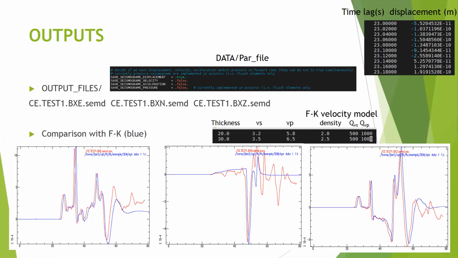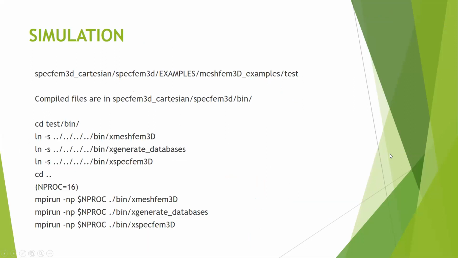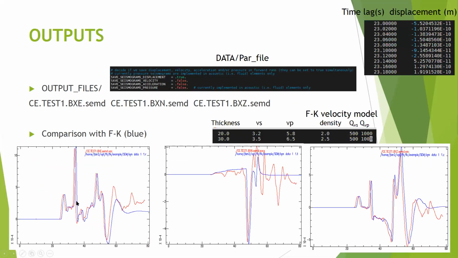As I said, the real starting time of the synthetics generated by the SEM program is in here. It is the centroid time of the earthquake. For this example, I used the source duration time of 5 seconds.